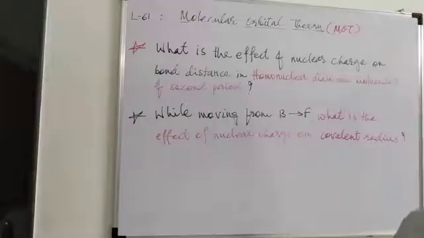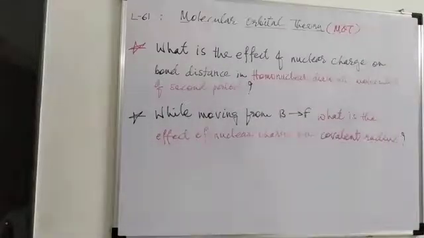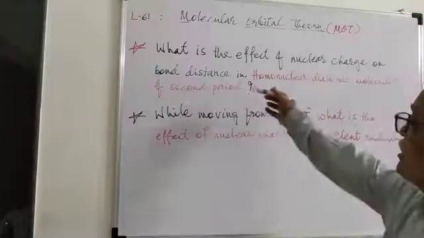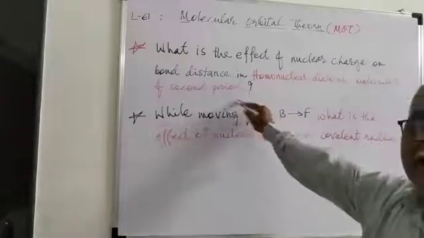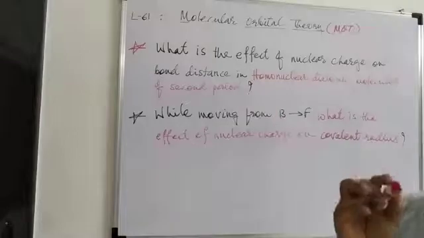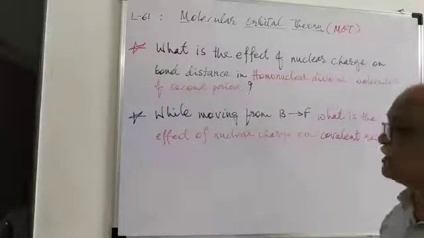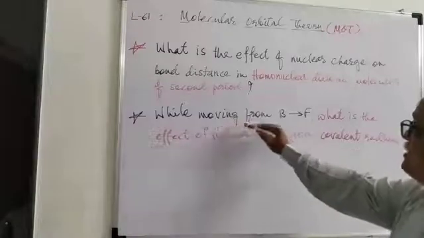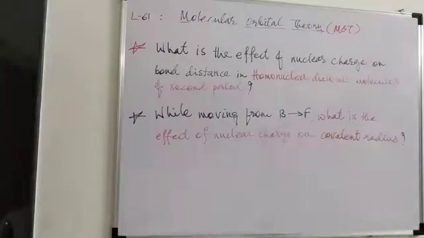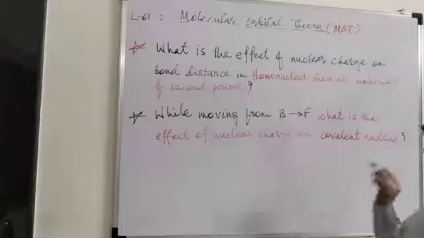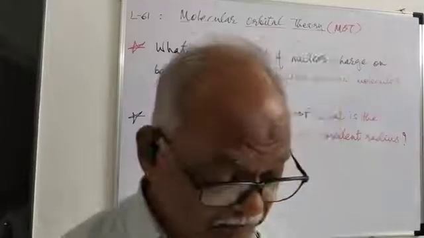In this case, we will see what is the effect of nuclear charge on bond distance in homonuclear diatomic molecules of the second period, from boron to F2, that is fluorine. While moving from boron to fluorine, what is the effect of nuclear charge on the covalent radius of these atoms?